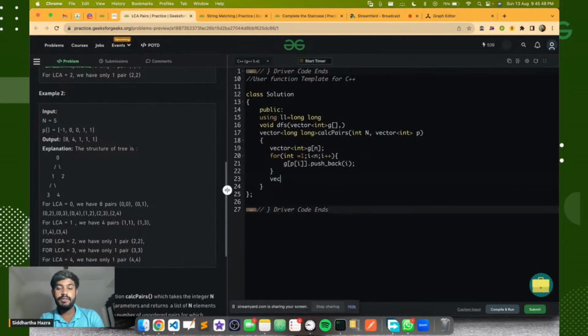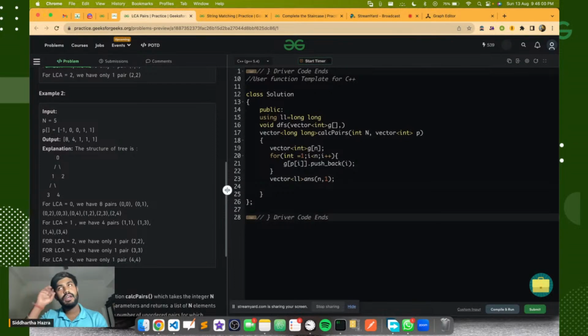So now at this point, I would say vector of long, and we would initialize the answer of everyone, all sub answer values, as 1, because 1 by 1, me with myself, would be an LCA thing. That is what is told. So that is why initially me with myself is also a case in the question. That is why I'm initializing everything to 1, so that me-and-me is already handled by default.